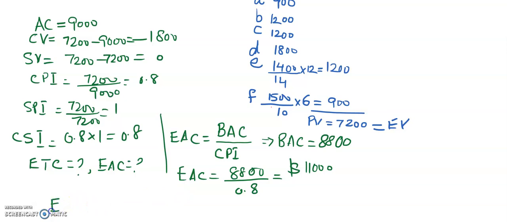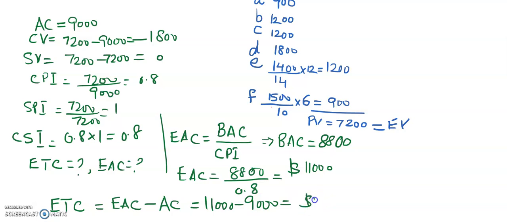From this we can find the estimate to complete, which is the difference between the estimate at completion and the actual cost to date. Actual cost to date is $9,000. So $11,000 minus $9,000, and the estimate to complete will be $2,000. In this way you can find it.